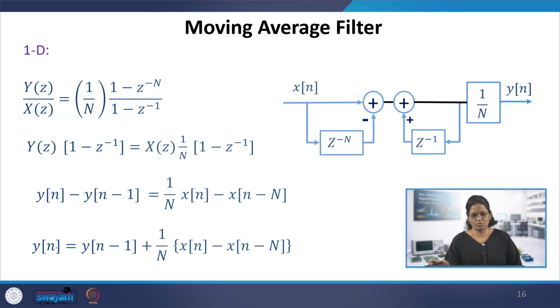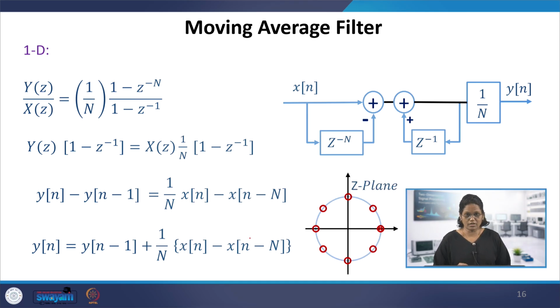That's why it is called moving. So x of n is delayed, that means capital N number of samples are there, sum it over and take the average, which is the y of n. This is the time difference equation of this moving average filter.